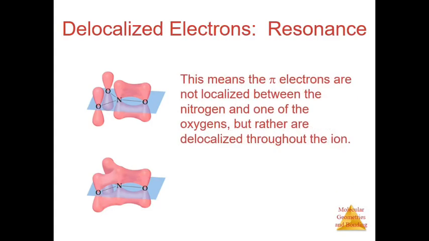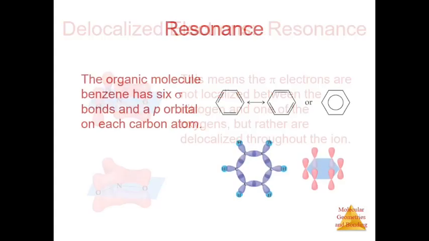This means that our pi electrons are not localized between the nitrogen and just one oxygen. Instead, they are delocalized. So when we talked previously about whatever makes up that multiple bond, a double bond in this case, it is those pi electrons that are delocalized and freely moving about to give your resonance.